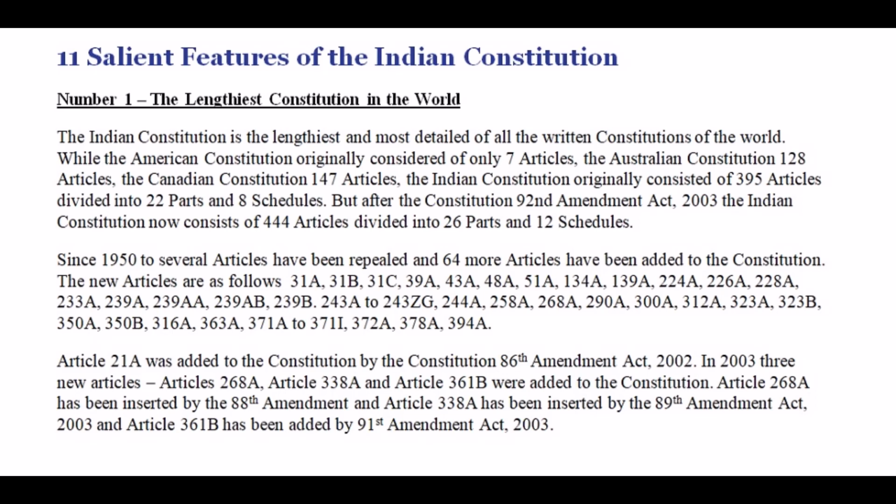But after the Constitution 92nd Amendment Act, 2003, the Indian Constitution now consists of 444 articles divided into 26 parts and 12 schedules. Since 1952, several articles have been repealed and 64 more articles have been added to the Constitution.